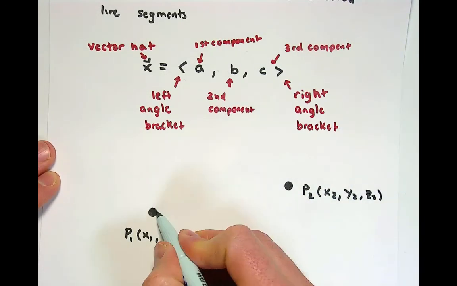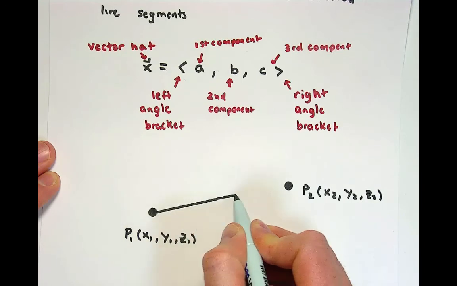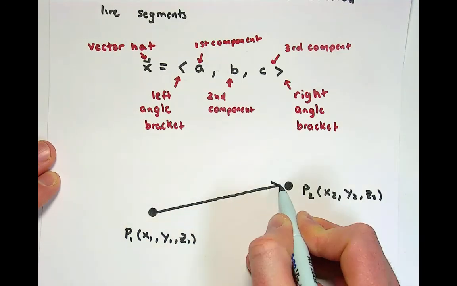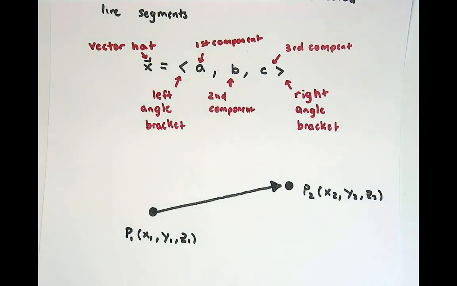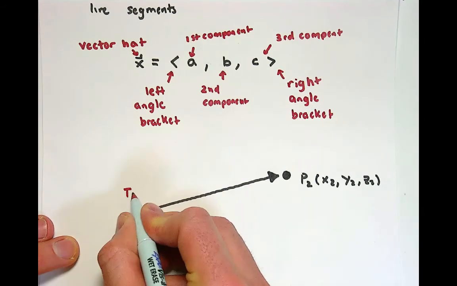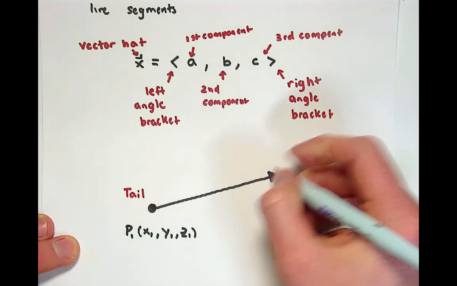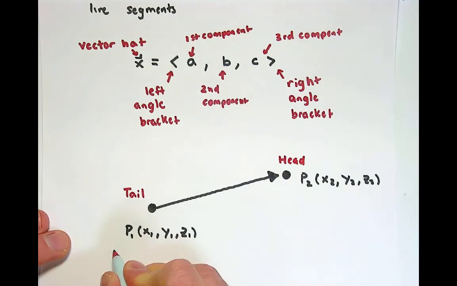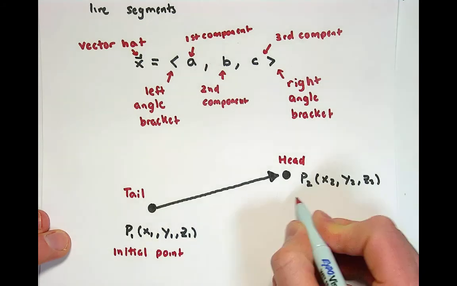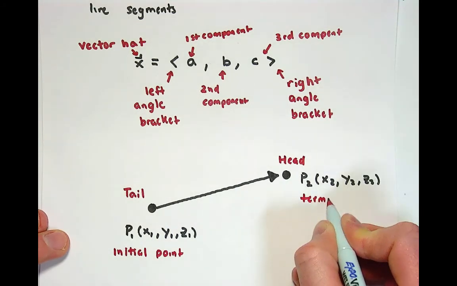And the vector itself is a directed line from the initial point, so it's going out of the initial point into the terminal point. If you remember, this we called the tail of the vector because it was away from where the arrow was, and this was called the head. We also call this the initial point, and we call this the terminal point.